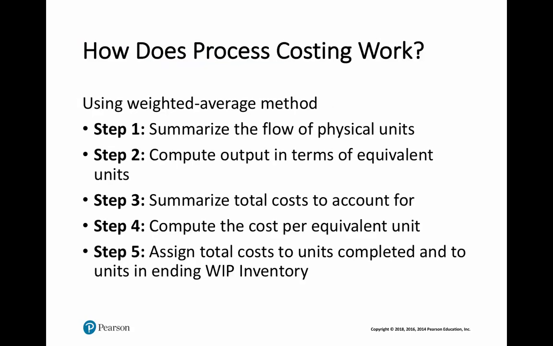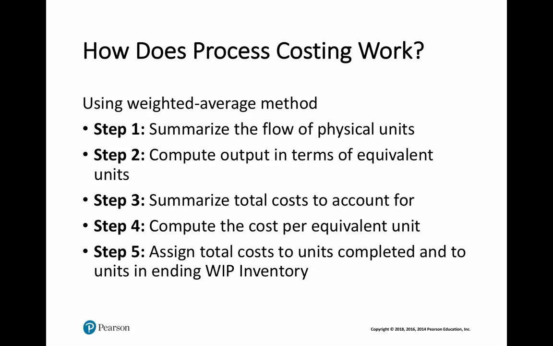Again, we're going to use the weighted average method, and we go through 5 steps. As you go through your homework, quizzes, practice exam and your exam in the next week or so, just remember that it's these 5 steps. Have these slides out in front of you, because every one of the problems is going to either ask you to do it from step 1 to step 5, or do step 1 and step 2, and then that's your answer.